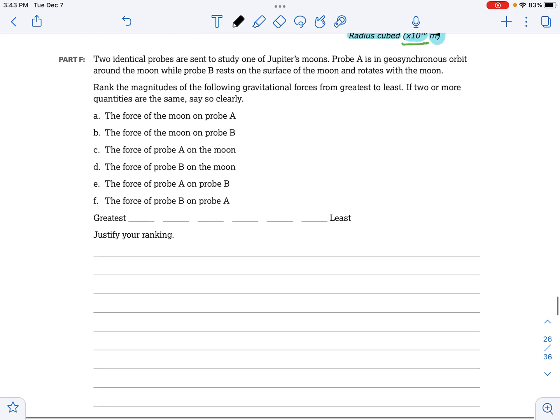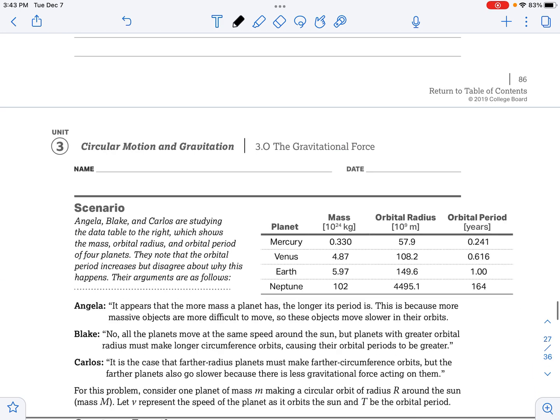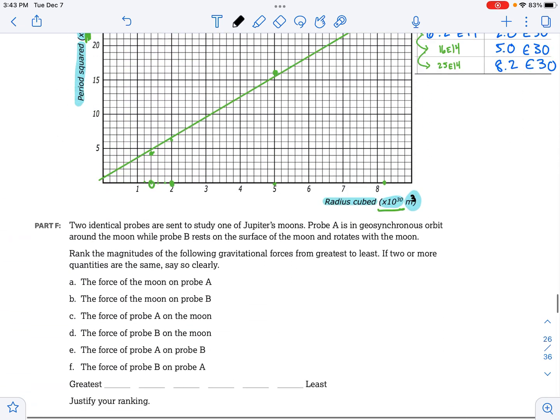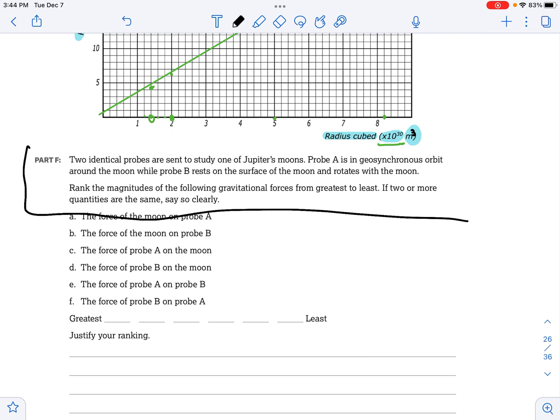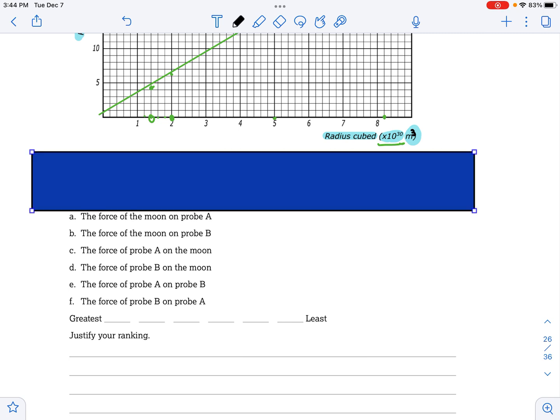Oh, this is just a bunch of Newton's third law questions. Okay. So I'm going to pretty much say I don't care about that at the moment. The things you can do when you're the teacher. It's pretty nice. Not gonna lie.